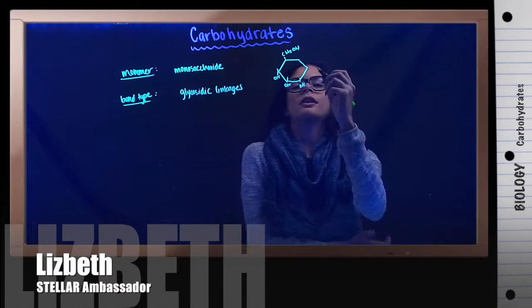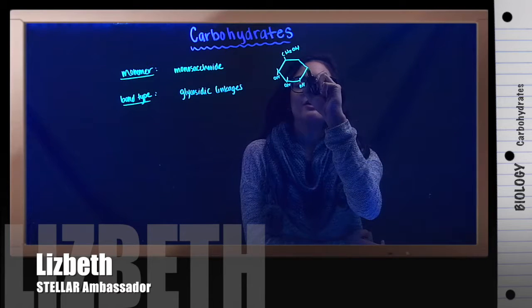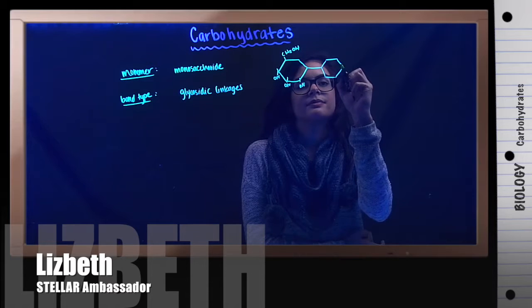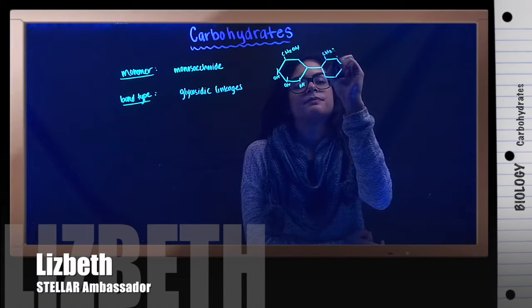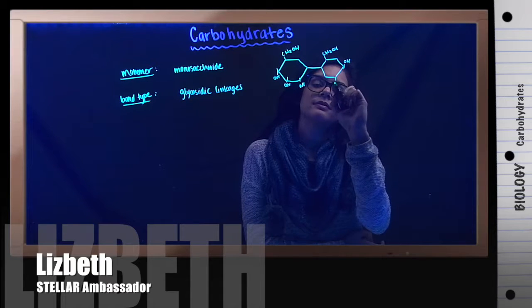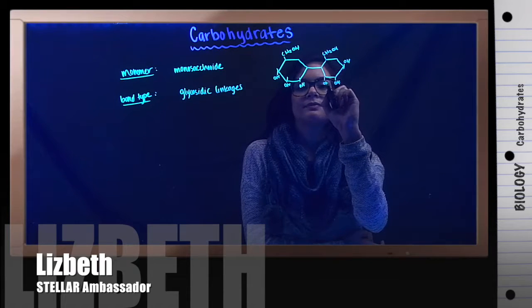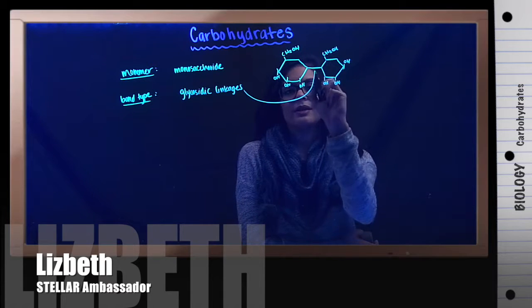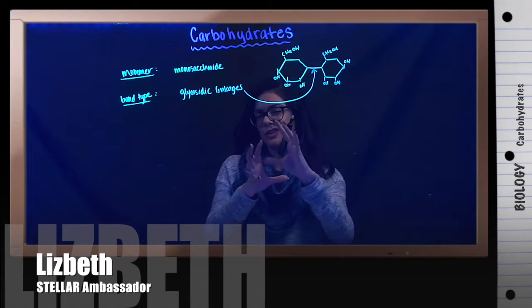And then here it's going to create a bond with another molecule. It's another sugar. This here is what would be called a glycosidic linkage. So it's just connecting two sugars together.